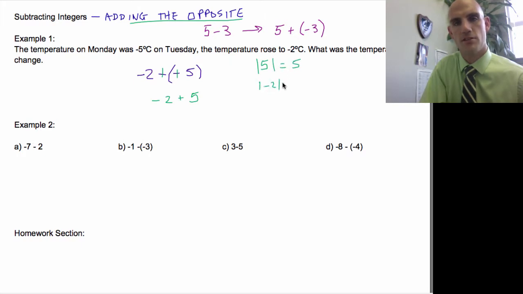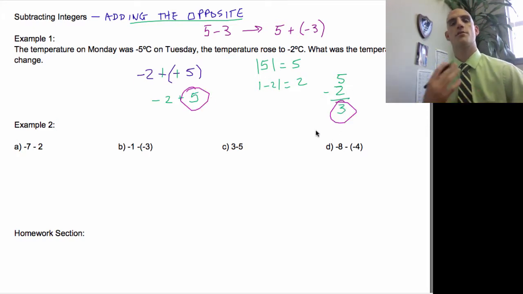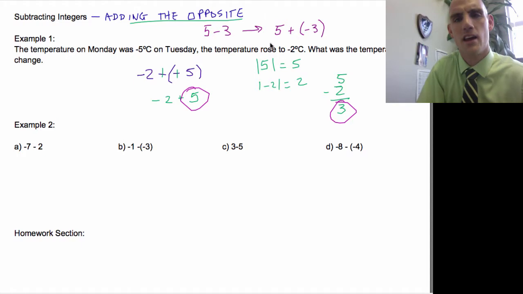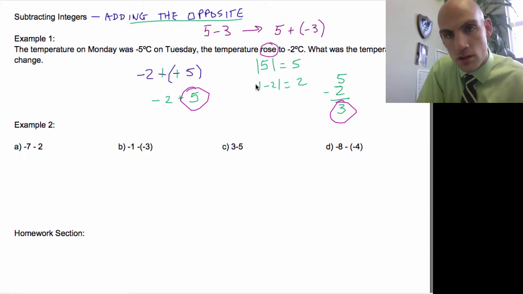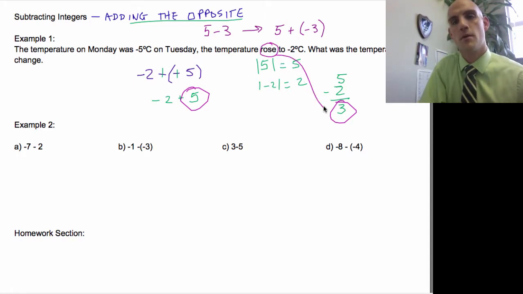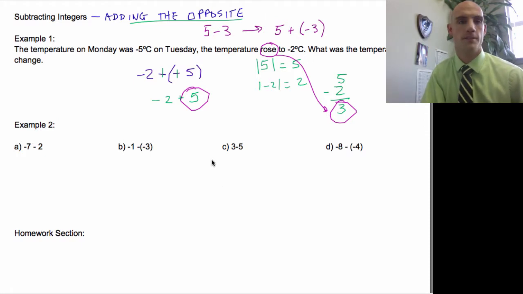The absolute value of negative 2 is 2. So I do 5 minus 2 equals 3. Which one has the larger absolute value? Well, it's 5. And so my temperature change was 3 degrees. Well, we also can see that it rose, so it should be positive 3 degrees.